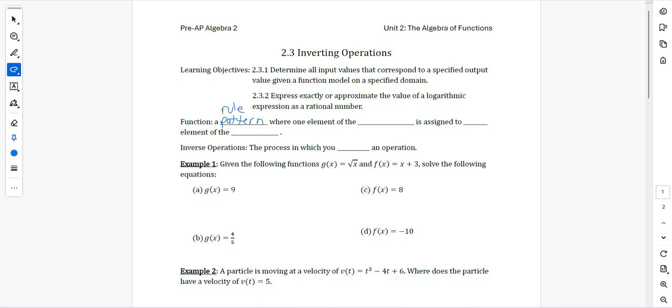I'll tell you, two of the words come in a pair. So if I tell you one, you're going to know what the other one is. Like input. It is a pattern where one element of the input is assigned to blank element of the output.